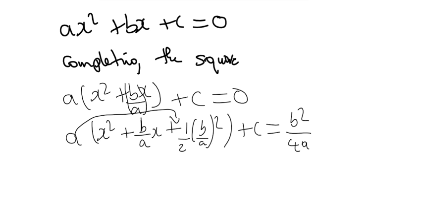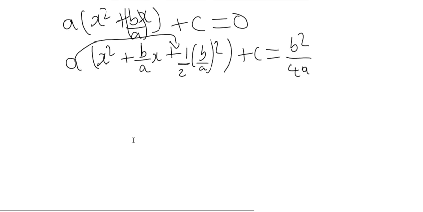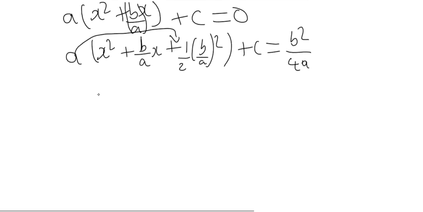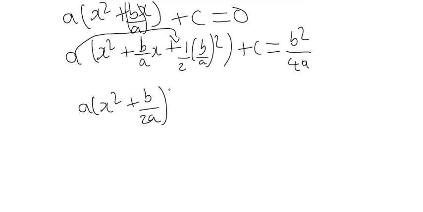Keep going. We're going to now simplify the left hand side and move c to the other side and subtract it from b squared over 4a, still keeping a on this side. x squared plus b over 2a, squared.